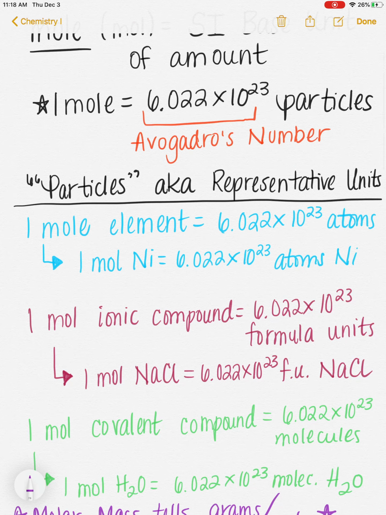So let's talk about particles here, because particles can also be called representative units. So we need to kind of have a vocabulary lesson on this. The way that I compared it today in class is like when you are beginning to learn the English language and you're talking about singular and plural forms of words, like mouse. If you have a group of more than one mouse, you don't call it mouses, you call it mice, or goose becomes geese.